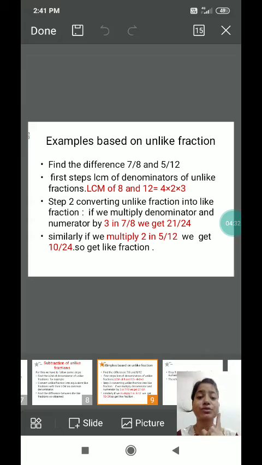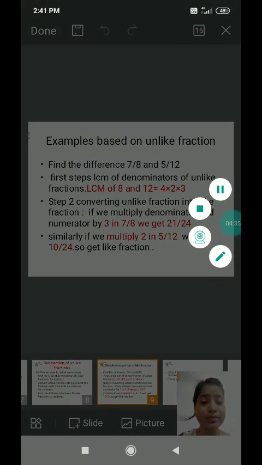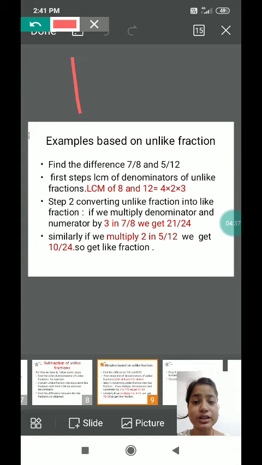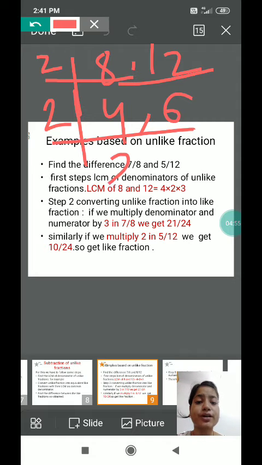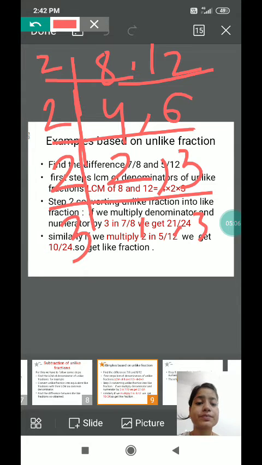First step is to take the LCM of 8 and 12. 2 fours are 8, 2 sixes are 12, 2 twos are 4, 2 threes are 6, and so on.